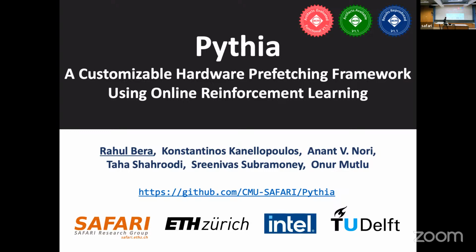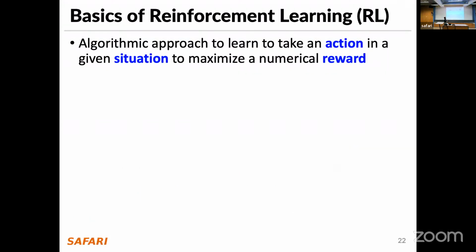We can make it work inside the processor at the same processor frequency, in the scale of nanoseconds, as compared to the scale of seconds or even minutes in playing chess or playing Go, right? So that's what we are going to discuss in this work, and hopefully I can motivate future works in this direction also.